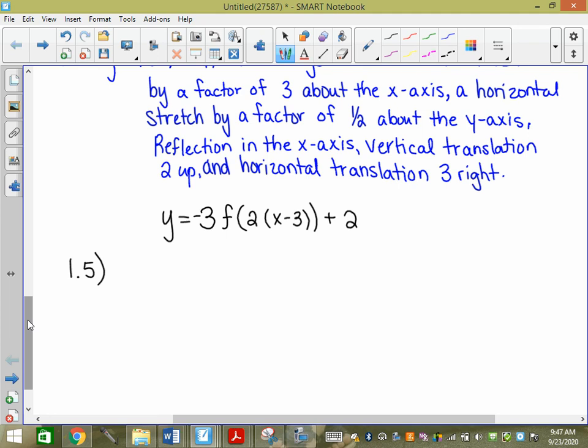That's just being lazy. If you don't want to be lazy, you can rewrite it and call it 2, if you really want to. I'm lazy. All right. So question 1.5. My original this time is y equals 2 f(x) minus 6. Apply the transformations to that equation.